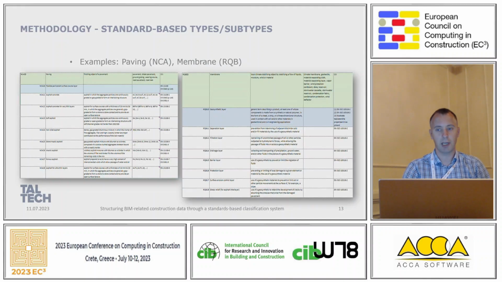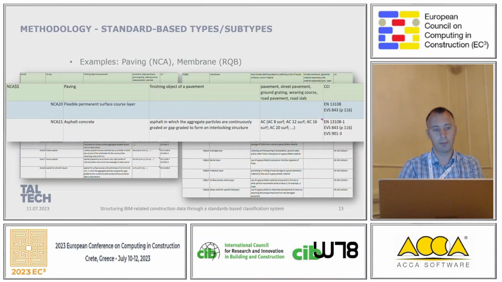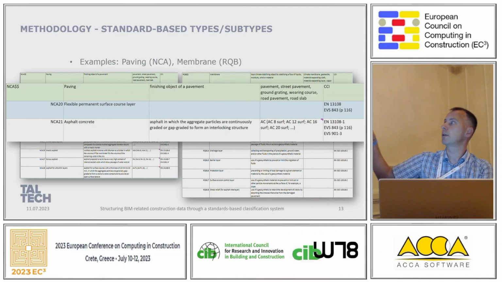Here are some examples. For example, paving from the infrastructure side has CCI code NCA, and on the left-hand side you can see some NCI types and also subtypes, which come from the EN standard, like flexible pavement, and as an example subtype, asphalt concrete.